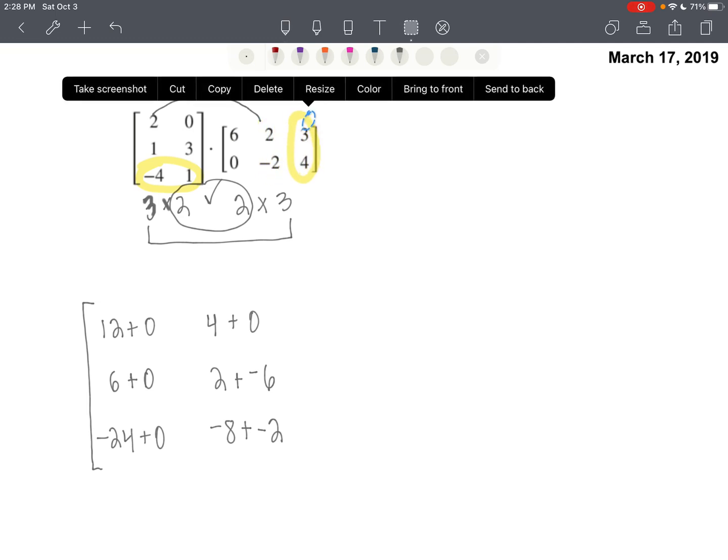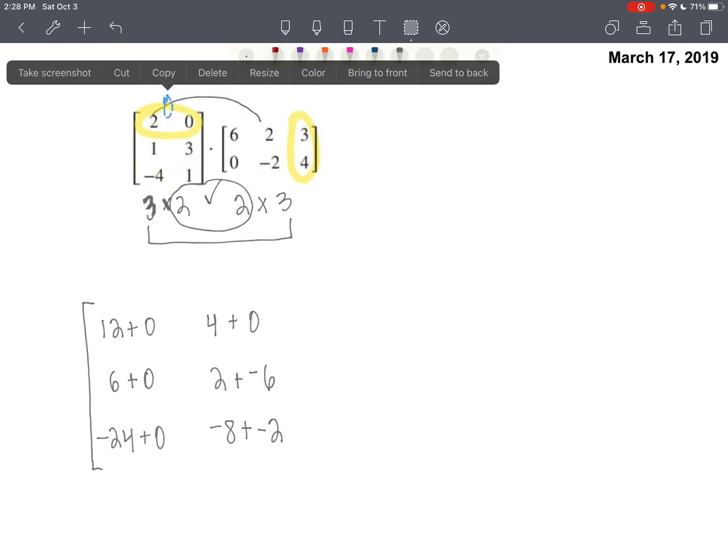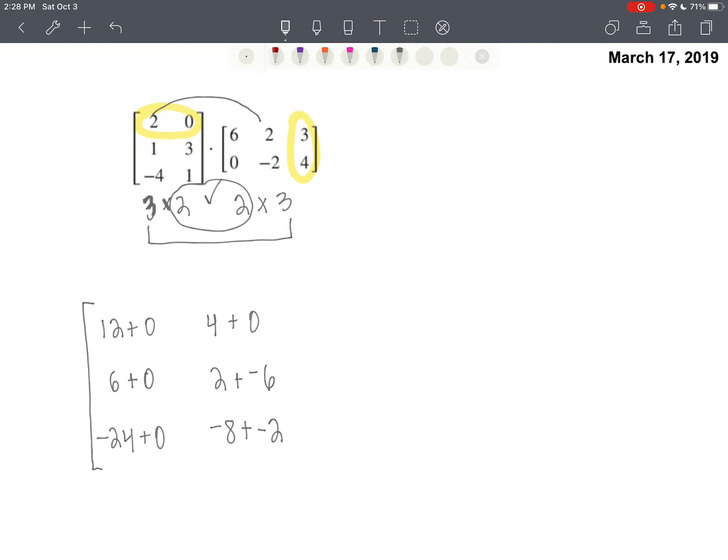We'll move over to column 3 and move back up to row 1. 2 times 3 is 6, plus 0. 1 times 3 is 3. 3 times 4 is 12, so 3 plus 12.